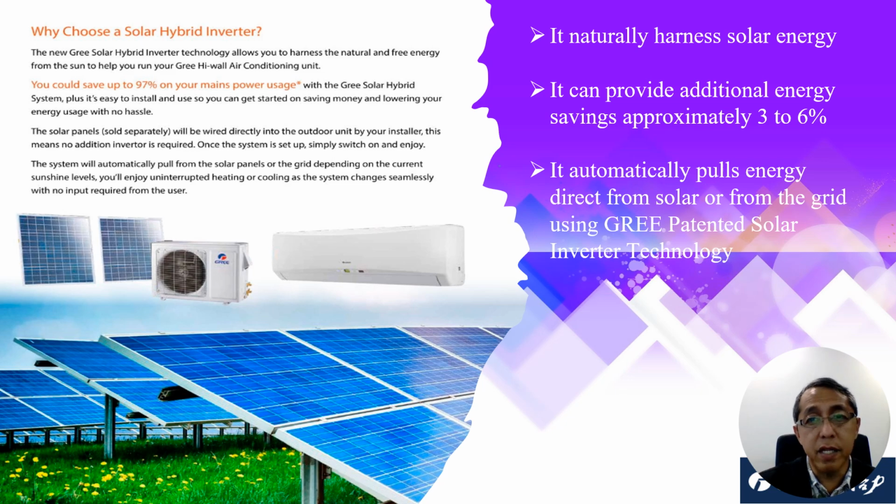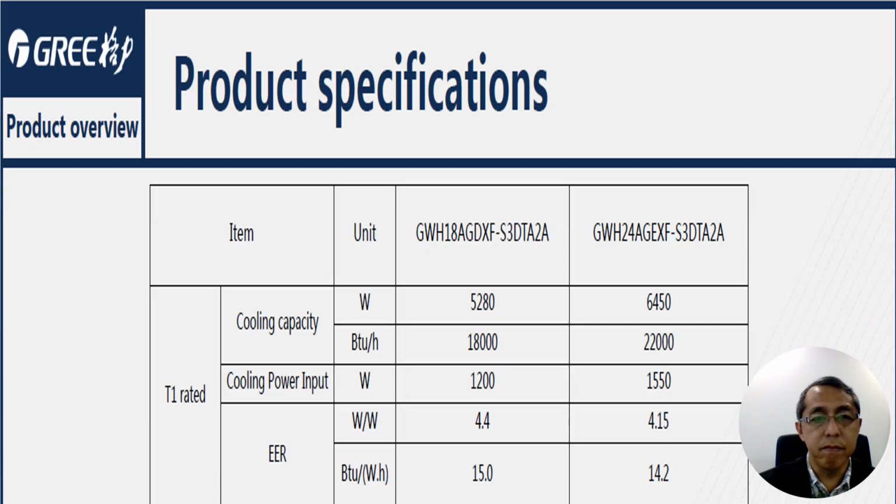For residential, this is about 3 to 6%. And it automatically pulls energy directly from solar or from the grid using GRI patented solar inverter technology. So these are the available product specifications, 1.5 TR to 1.7.